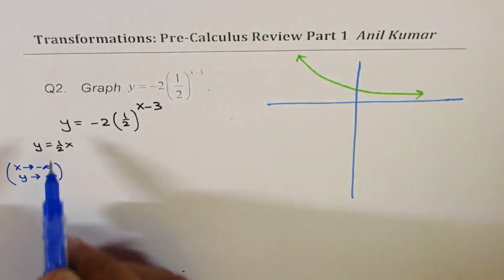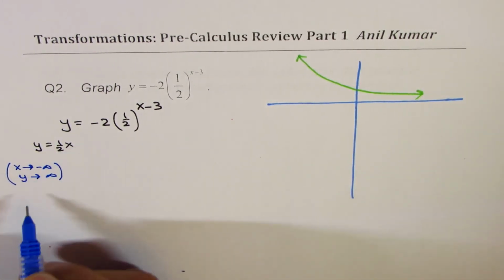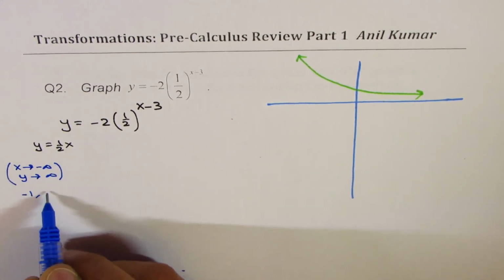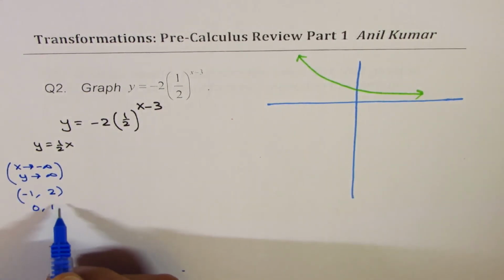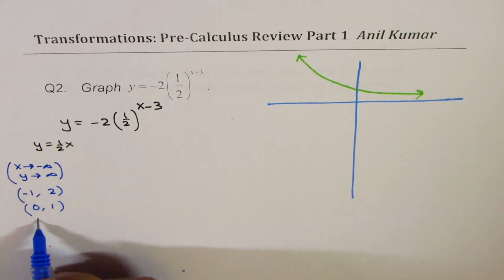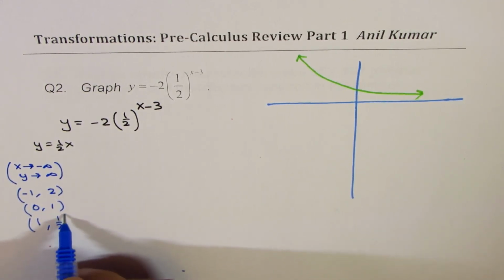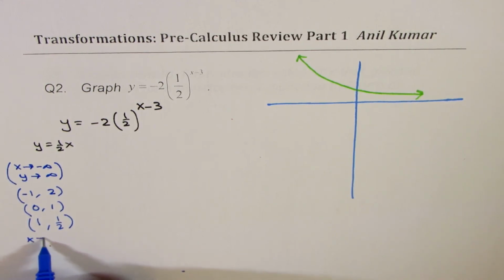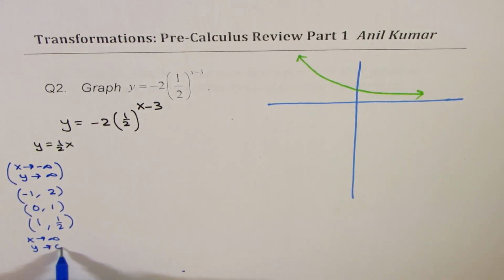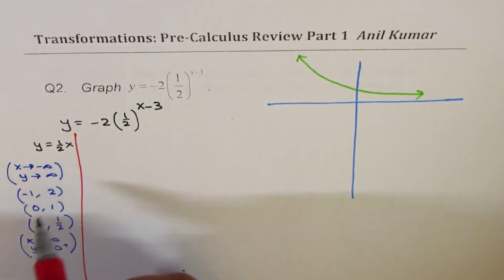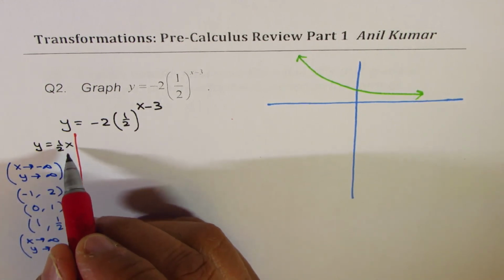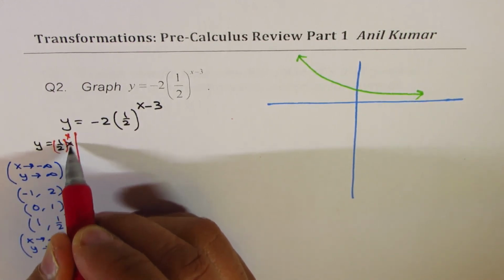If x is equal to minus 1, then y value is 2. If x is equal to 0, we get 1. And if x is equal to 1, then we get the value of half. And then if x approaches positive infinity, y approaches 0 from the top. So these are good things to consider as far as the base function is concerned, right? So half to the power of x.